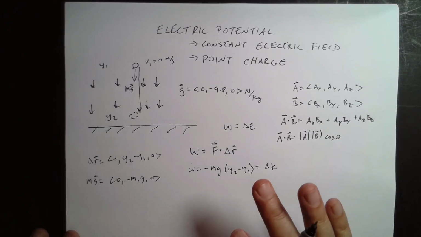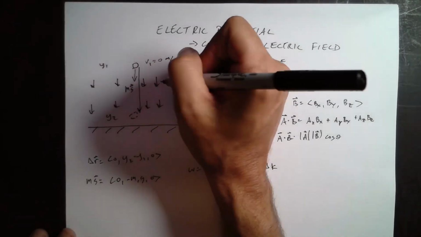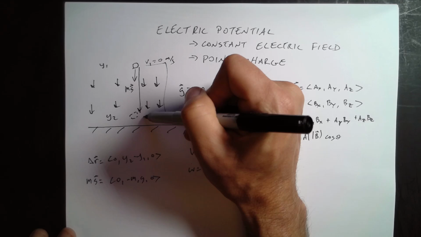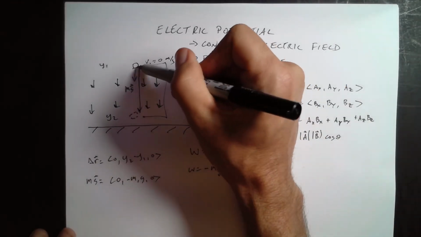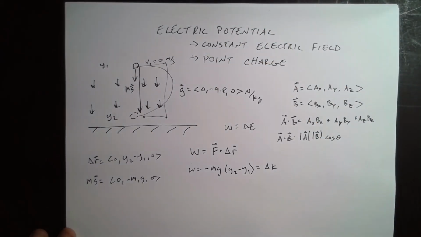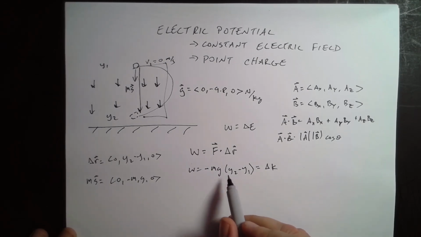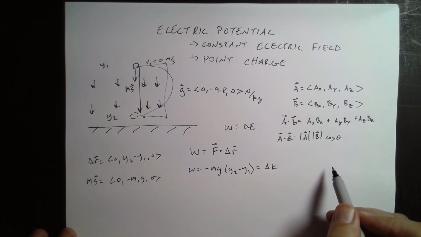Now, it turns out that it doesn't matter what path you take to get down here. If I go this way, it's going to be the same work done by gravity. If I do this way, it's going to be the same work done by gravity. So in that case, we can actually take that work done by gravity and move it to the other side of the equation and call it an energy.